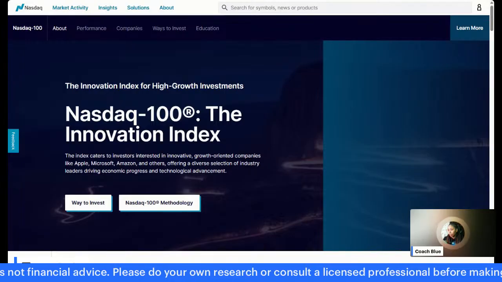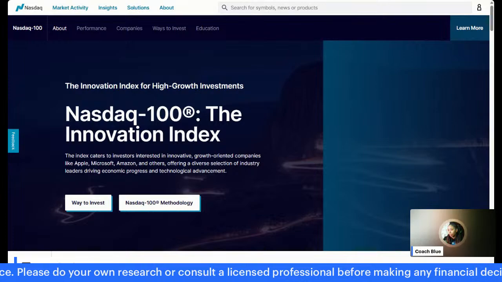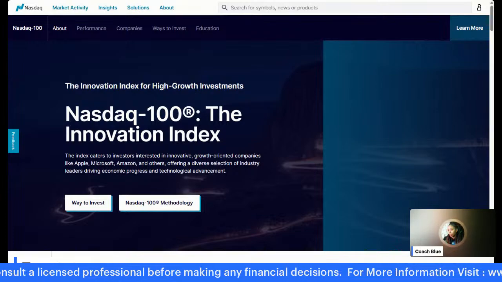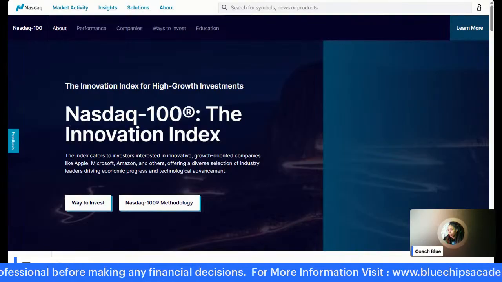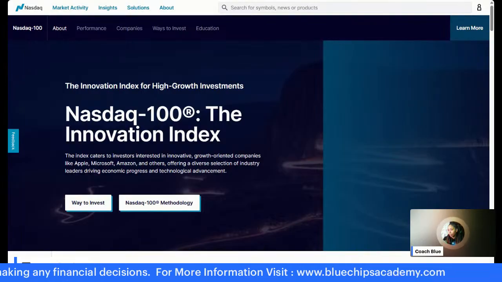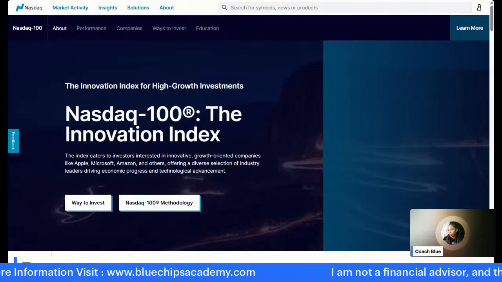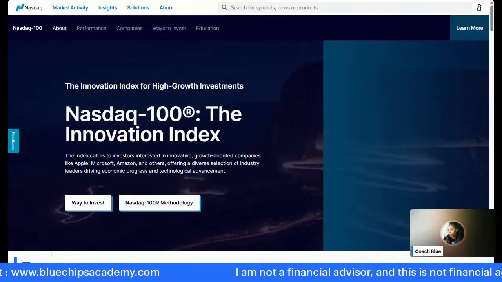Nasdaq is the index that caters to investors interested in innovative growth oriented companies like Apple, Microsoft, Amazon, and others, offering a diverse selection of industry leaders driving economic progress and technological advancements.